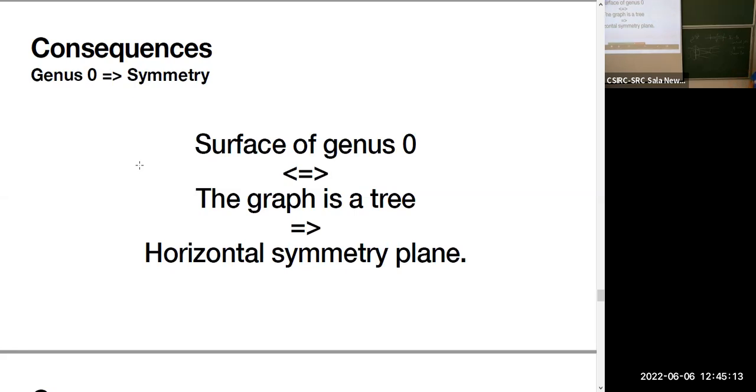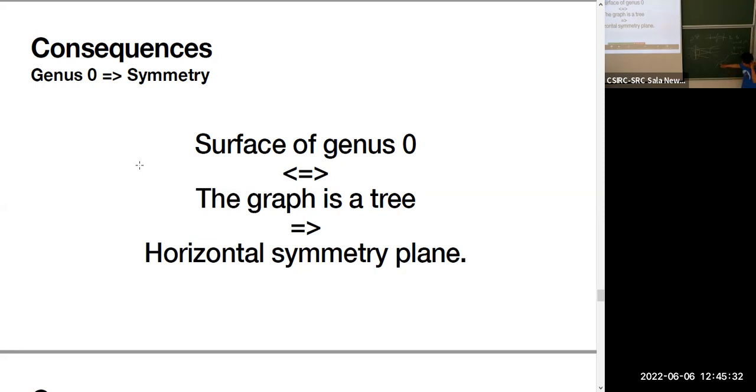Why, when it is genus 0? Well, the graph must be a tree. The graph must be genus 0. So if you have a tree, any cut must, so any single edge is a cut.